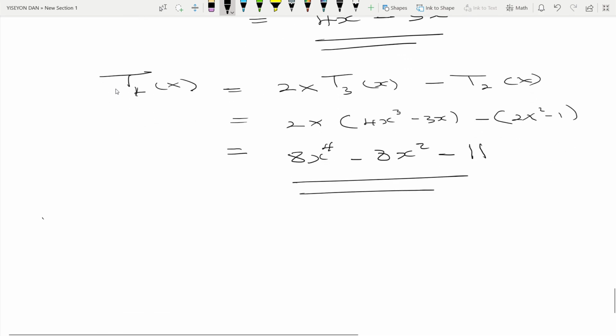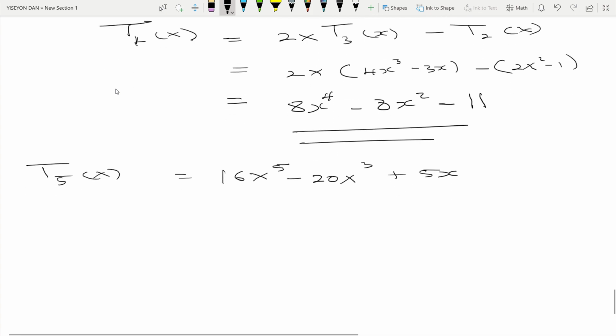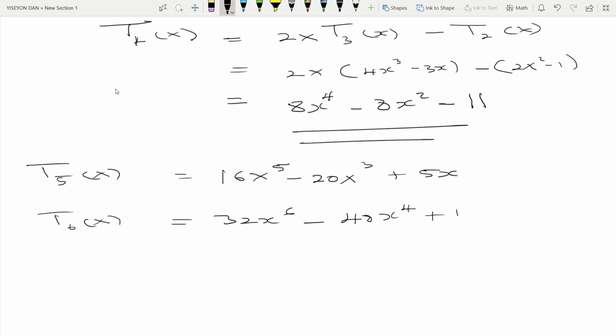Similarly, let's figure out how we have our T5. Our T5 will be equal to 16x to the power 5 minus 20x to the power 3 plus 5x. T6 is going to be 32x raised to the power 6 minus 48x raised to the power 4 plus 18x to the power 2 minus 1. So that's T6.